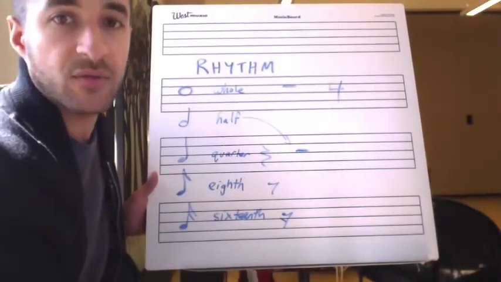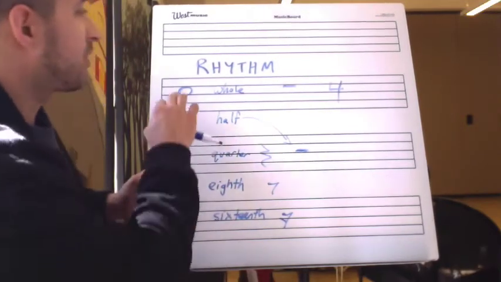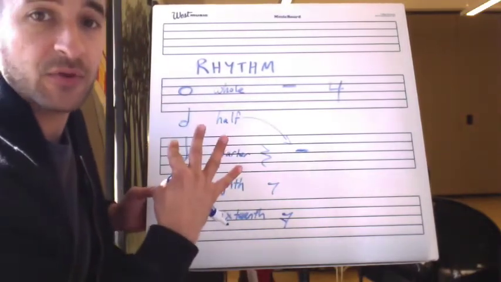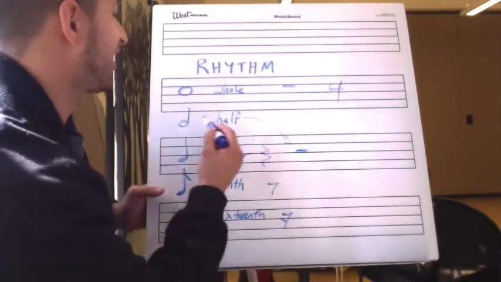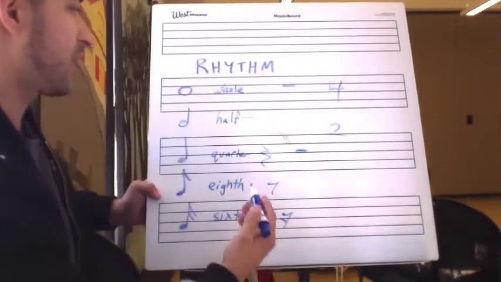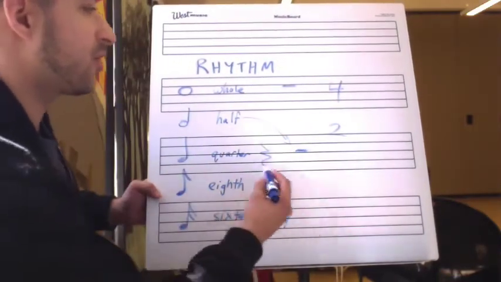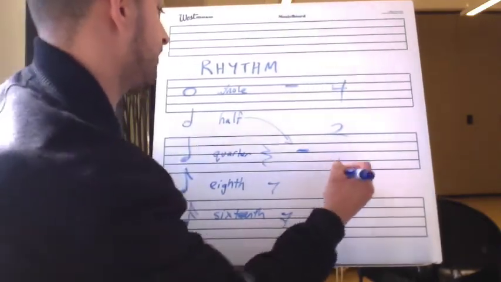The number of beats that these are all equal to are as follows. A whole rest or a whole note are worth 4 beats. So if it's a whole note, you're going to be playing that note for 4 whole beats. If it's a whole rest, you're not going to be doing anything for 4 beats. The half rest is worth 2. And the half note is worth 2 beats. The quarter rest is worth 1 beat.